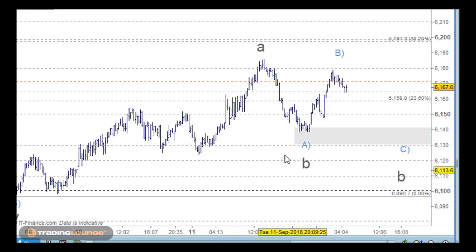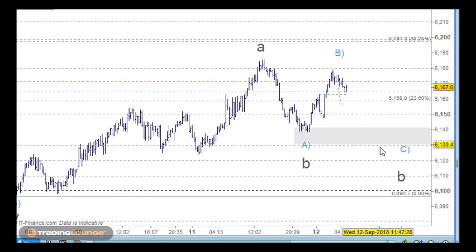What you can see is from the A wave top here, a strong move down with a nice strong 3rd wave, a 4th wave and a 5th wave. So this 1 and 2 will be in here somewhere. And this move up through here, it's quite clear that it's an ABC pattern, isn't it? If it drops down below this one, then drops down past this one, then we'll know it's got overlapping wave structures, and that B wave can come into play.